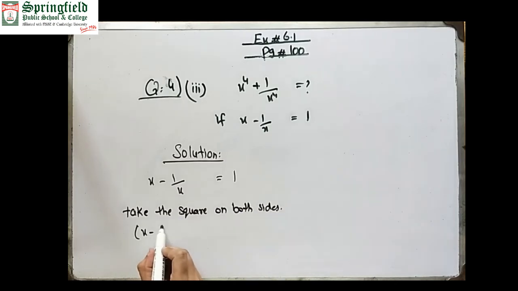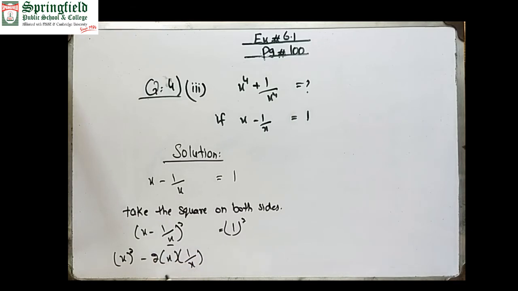So take the square on both sides. So (x minus 1 by x) whole square is equal to 1 whole square. Fine. Now open this according to formula (a minus b) whole square. So it will become a square minus 2ab. We will consider that this is the value of b and this is the value of a.